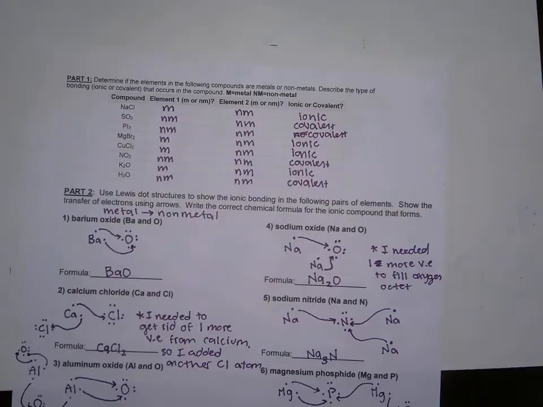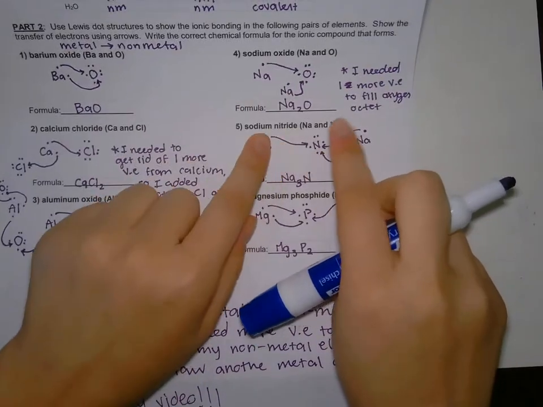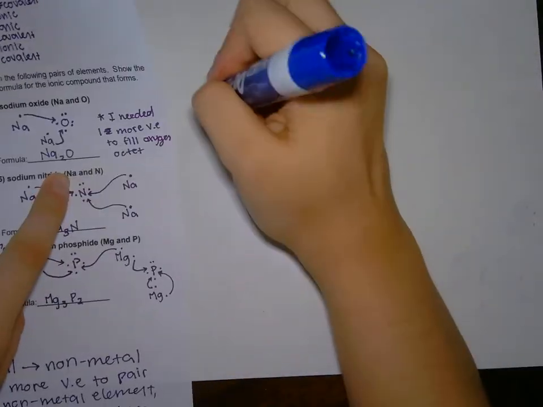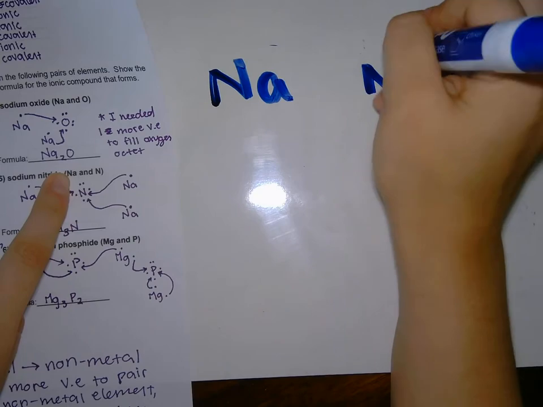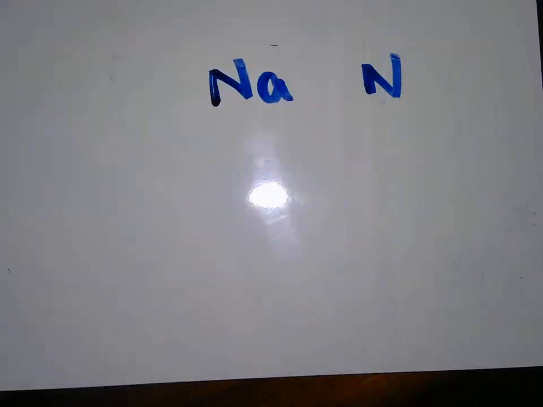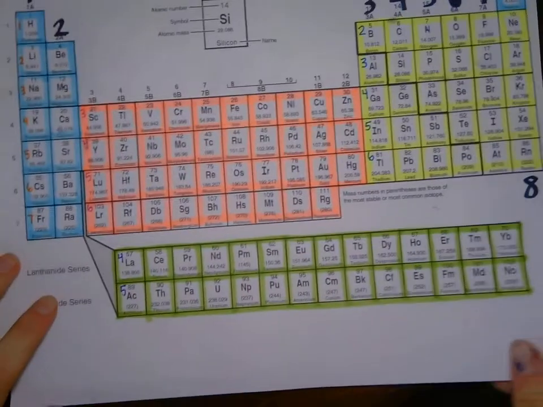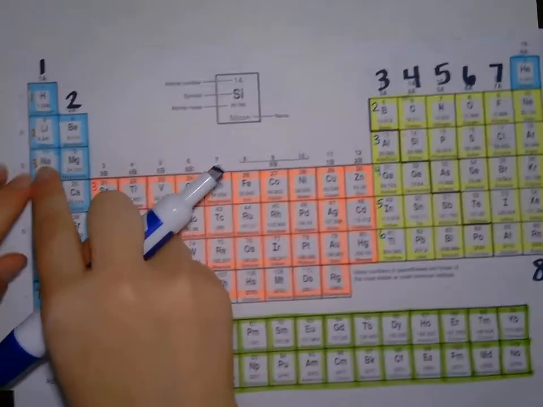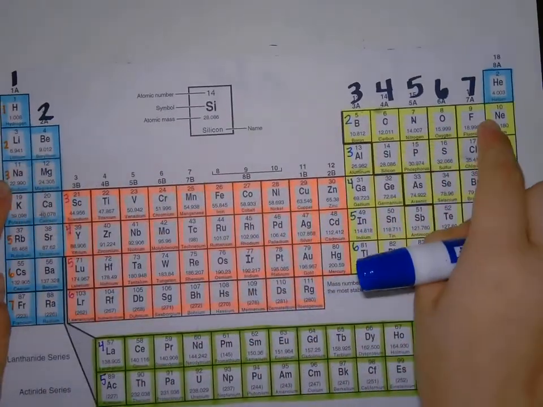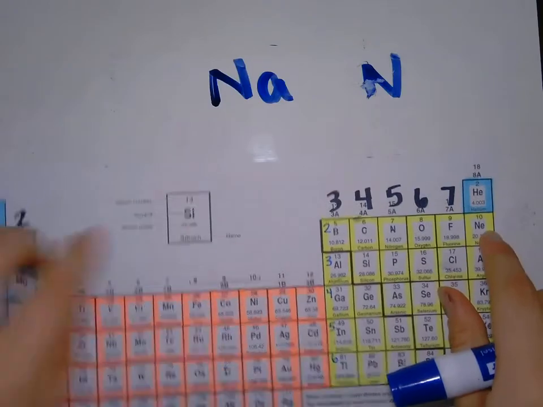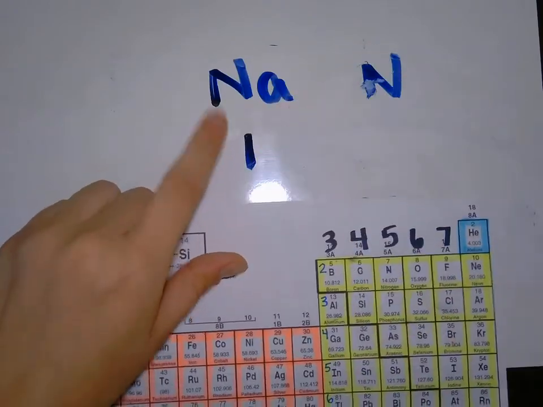A more clear example of this is when you actually have a different number of atoms for each one. So for example, when you have sodium and nitrogen on the periodic table, sodium is right here. Sodium is 1 spot away from being a noble gas.